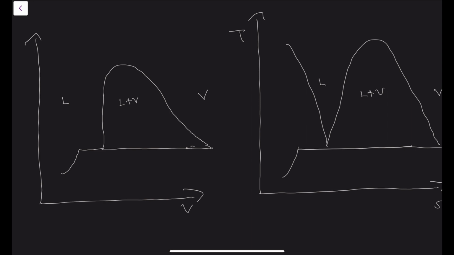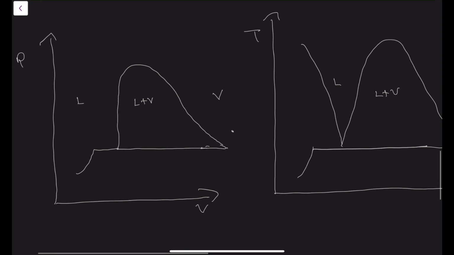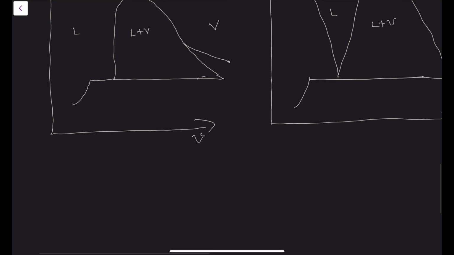So let us start from here. You can see that this is a superheated vapor state. If you are trying to reduce the specific volume at constant temperature, you need to increase the pressure.